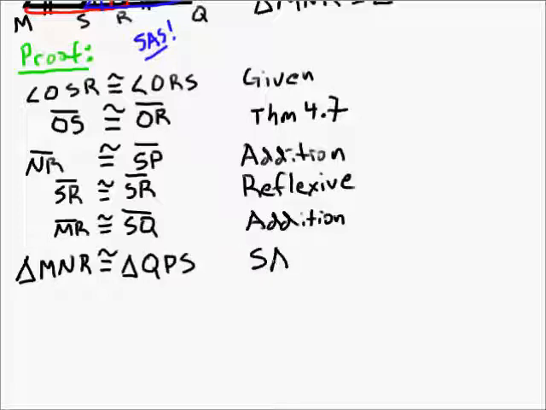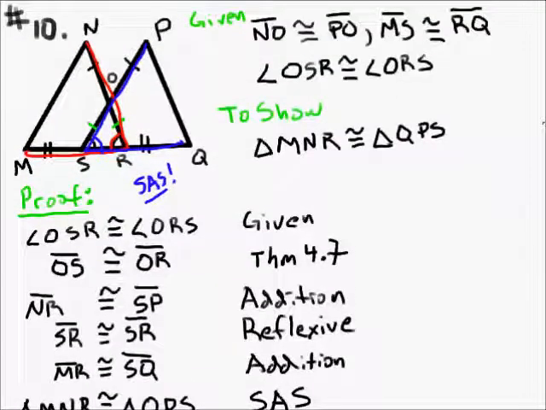And this is side angle side congruence. Okay. How did I know to use side angle side? I was given two pairs of congruent line segments and a congruent angle. It seemed like the logical choice to try and get the full sides congruent and use that interior angle.